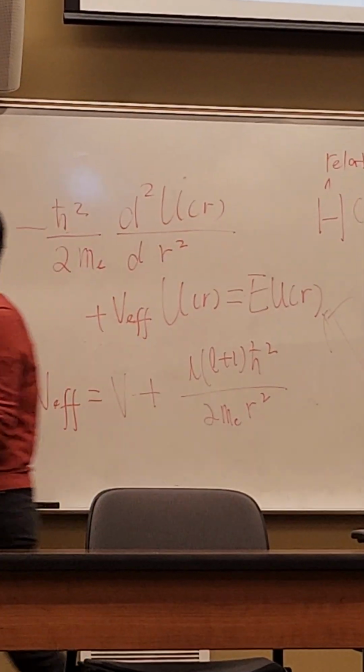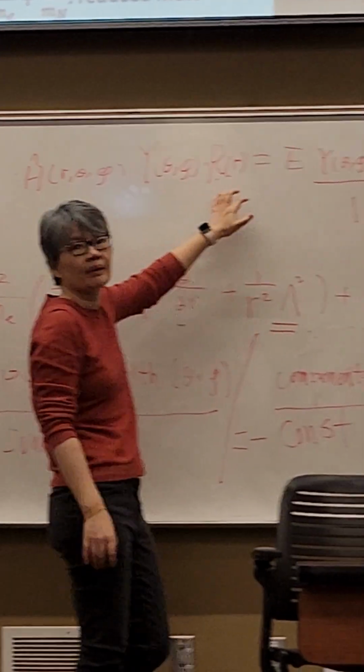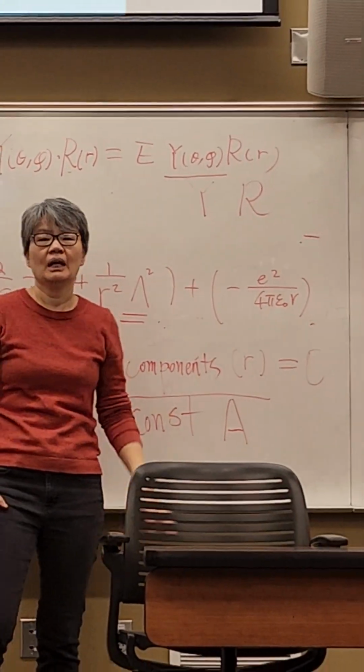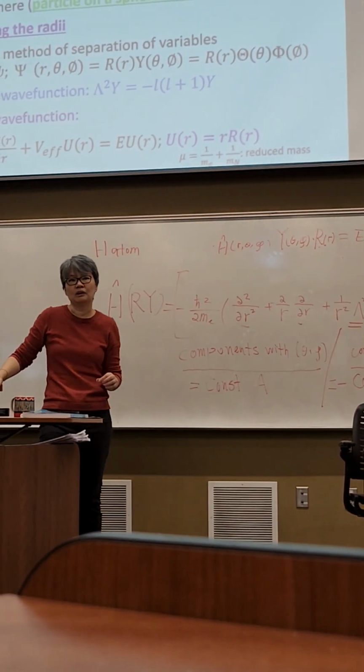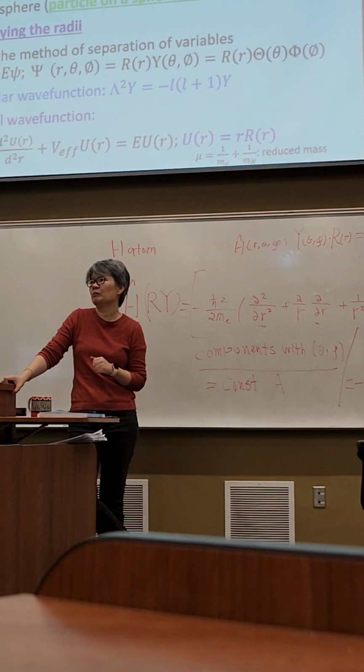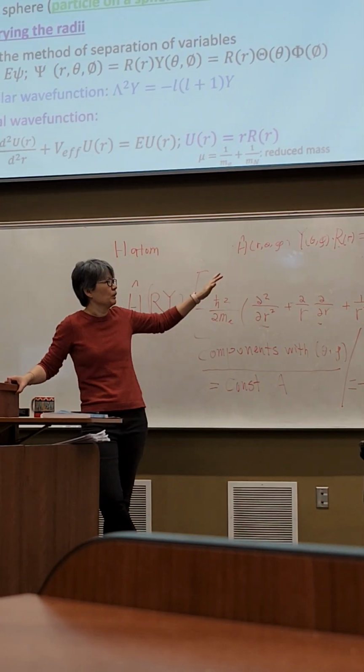So what I'm showing here up to this stage has very little to do with quantum mechanics. Mostly it is math. I said that math is important in this course, as you see here, because for quantum mechanics, all we're talking about is, okay, I have this equation, how are you going to solve for it? I just walk you through the math components, and hopefully you guys can enjoy the beauty of the math a little bit. To solve for this one, we do not directly solve for the wave function with three variables.